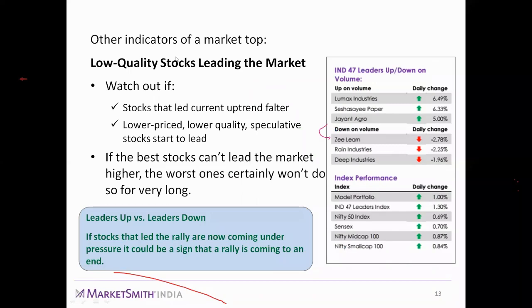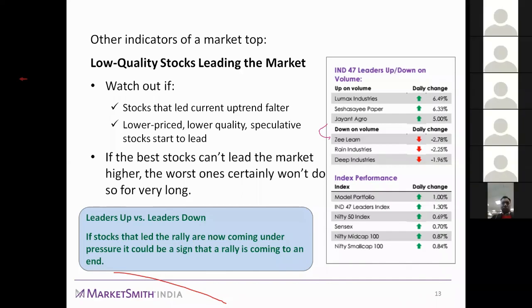Now we'll talk about some other indicators of a market top. Some other indicators are low quality stocks leading the market. So watch out if the stocks that led the current uptrend falter. Some stocks which are not of good quality suddenly start running. The reason being, maybe sometimes the market leaders have had a good rally and people think that the other stocks in the group might have a good chance of performing well.